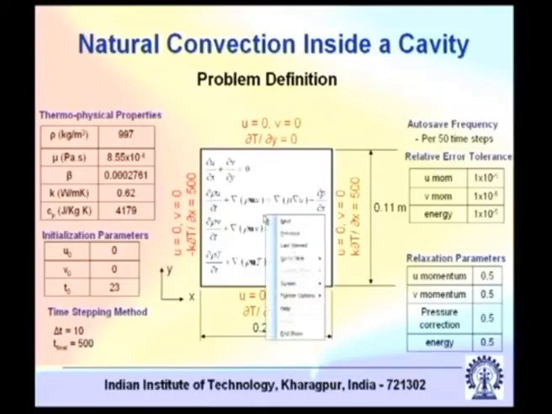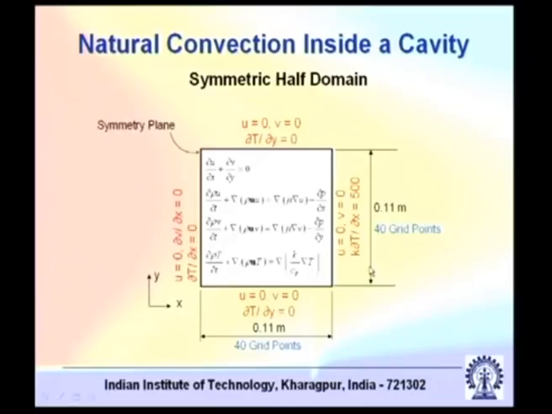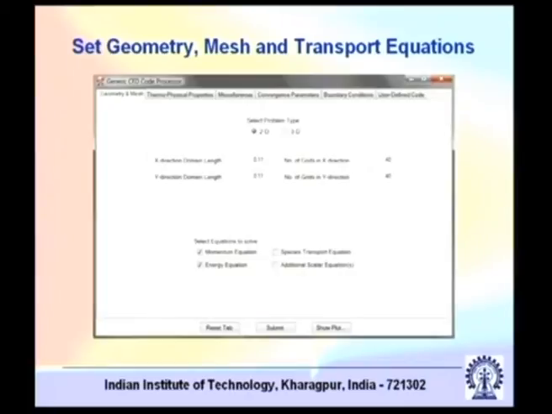So at the center line u should be equal to 0, and because of symmetry you have del v del x also equal to 0 and del T del x equal to 0. So it is very important to ascertain what will be the types of the boundary conditions, and then let us try to implement this problem.